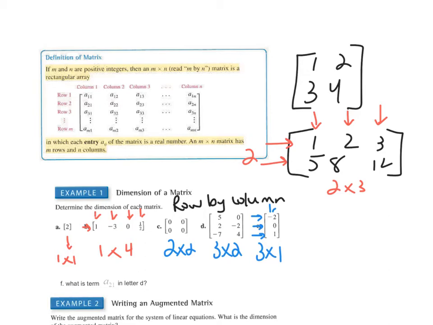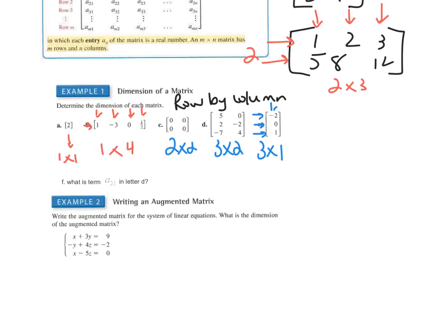The other thing is just a little bit of notation here. They asked you what is term A21 in letter D. So if you look at matrix D, A21 means row 2, column 1. If you look at row 2, column 1, the position that intersects there is 2.